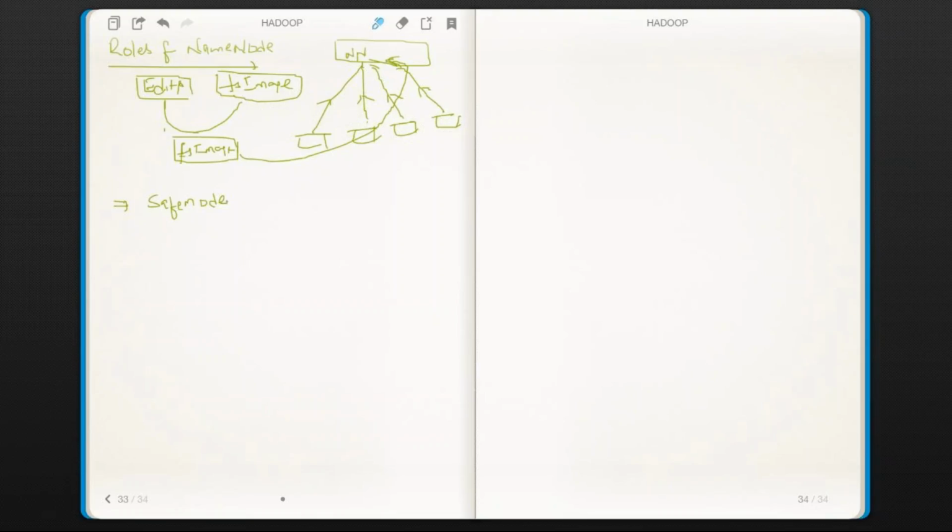Correct? Here also, when your cluster is in safe mode, you cannot write any data. No write operation. But you can read the data.